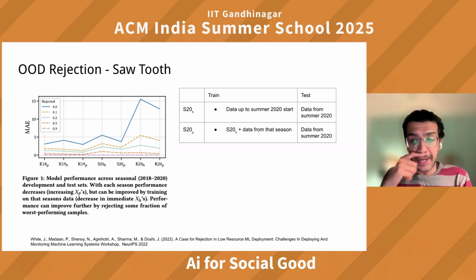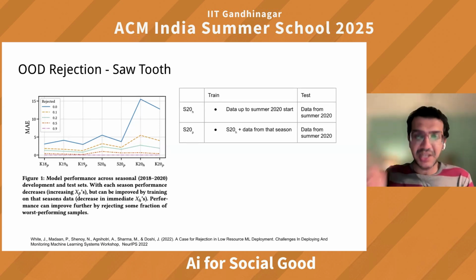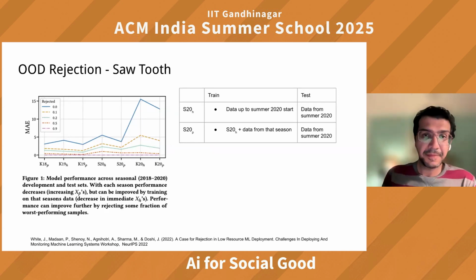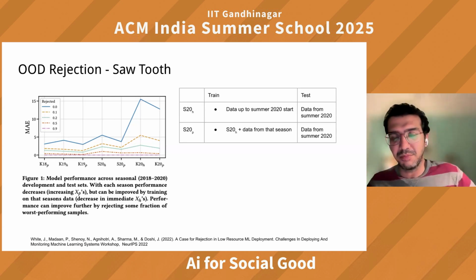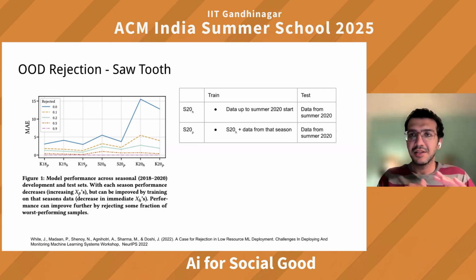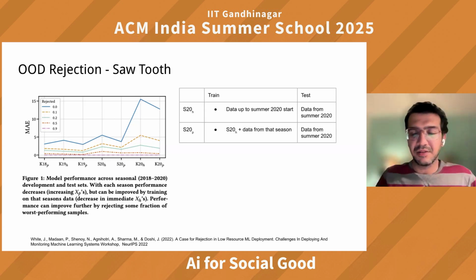But now the thing is, it's a chicken and egg problem. I cannot deploy in a new region reliably without having data from there. But I cannot get the data if I don't deploy, right? So this is a scaling problem. So what do we do? We say abstain for the moment.